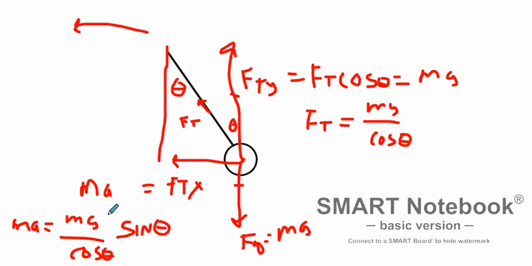I've substituted mg over cosine theta for force tension, but if I want force tension x, I'm going to take the force tension times sine of theta, and that's what I have. If we look at this, the two m's will cross off, and sine theta over cosine theta is going to equal tangent. So the acceleration of our accelerometer is just g tan theta.